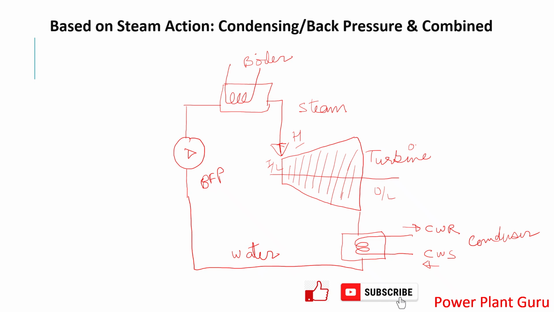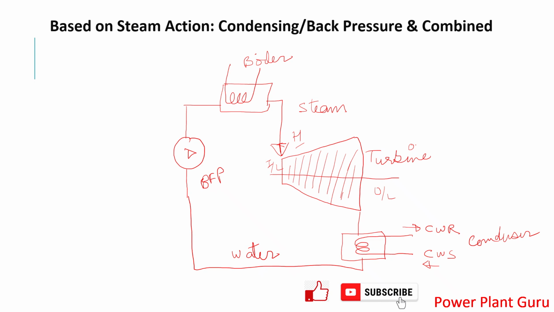Then you are putting in a heat exchanger, which is named the condenser, and you are putting some negative pressure into the condenser through some ejectors and all. That is a different topic. We have one video on that, and I can explain it in some other video as well. But here is the point: you want to extract the full energy from highest pressure to lowest pressure, and you are utilizing the full energy.